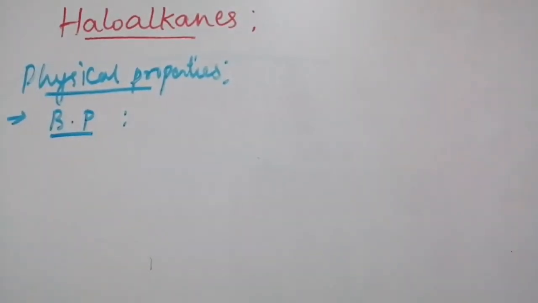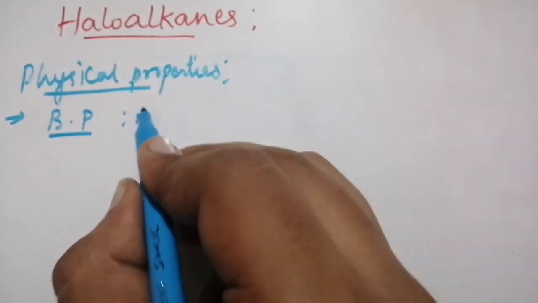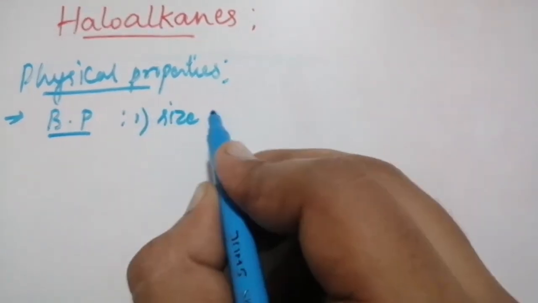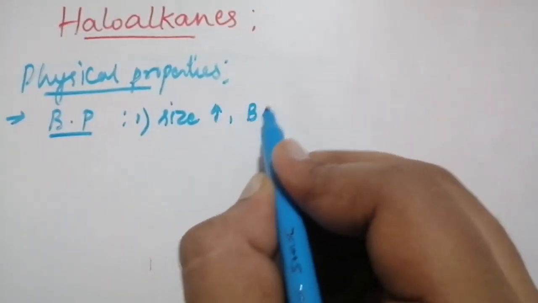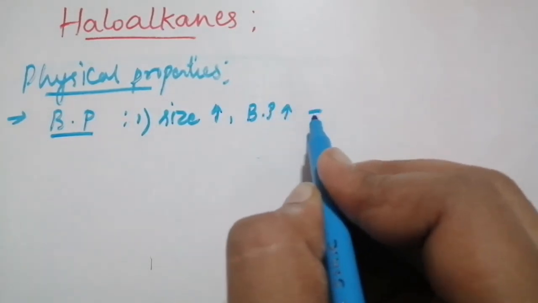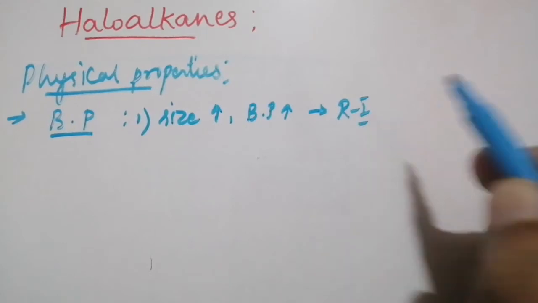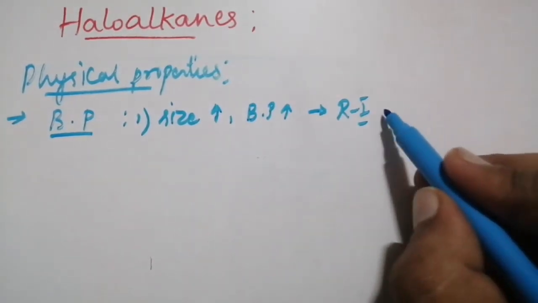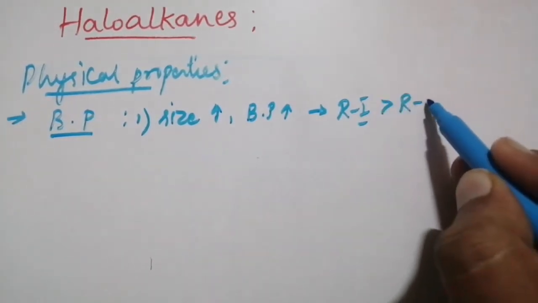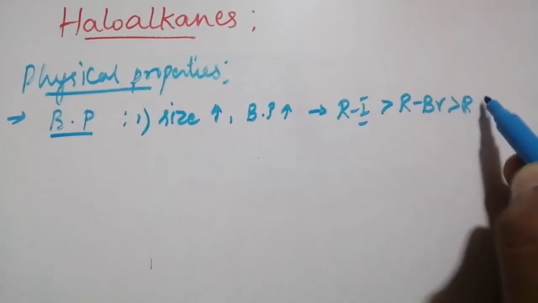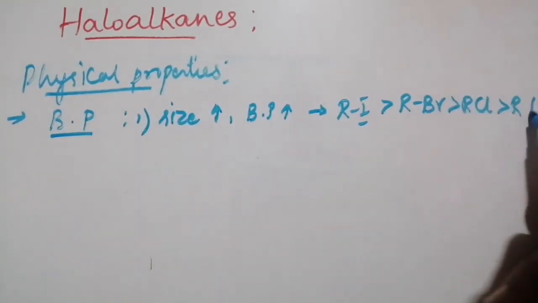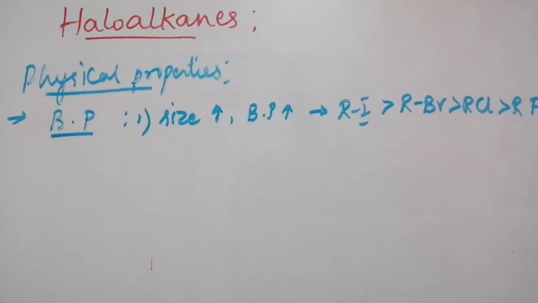In that, if size is more, the boiling point is also more. For example, RI, the iodine size is more, so RI, RBr, RCl and RF.